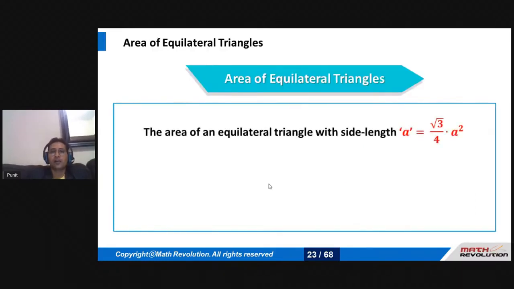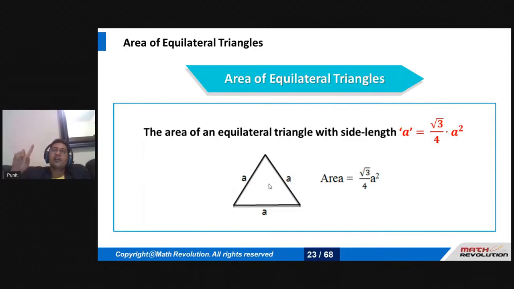Area of an equilateral triangle: root 3 times a squared over 4. A simple logic: all the sides are equal in equilateral triangles. Area of a triangle is half base into height. If we drop a perpendicular bisector on this equilateral triangle, the base is halved into a over 2 and a over 2.